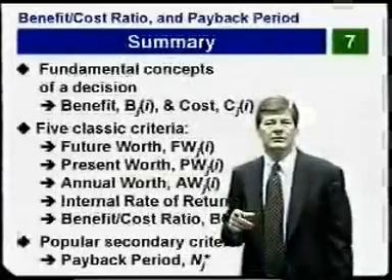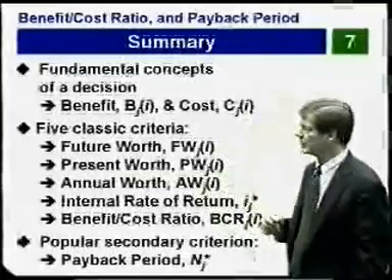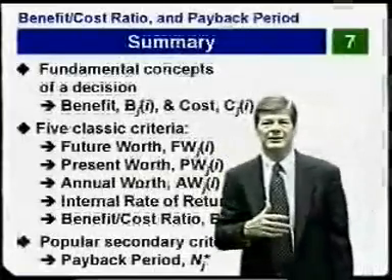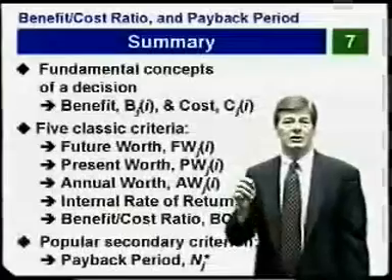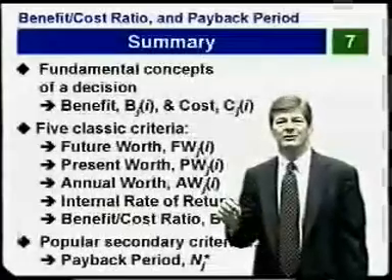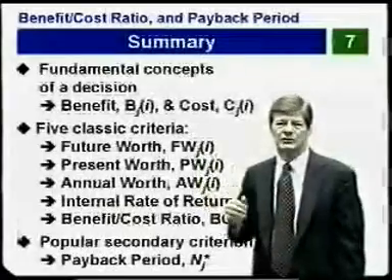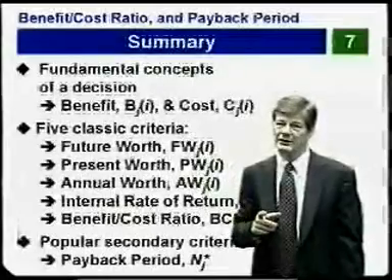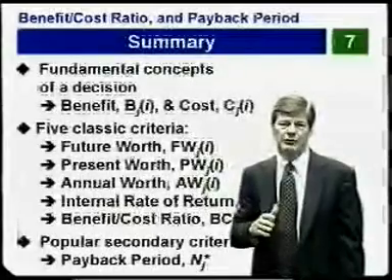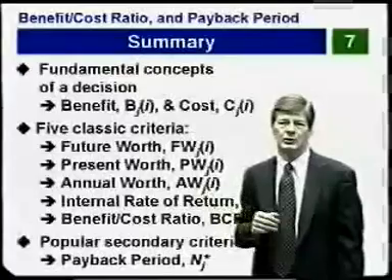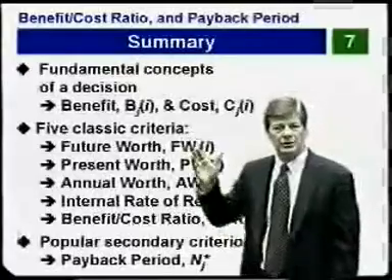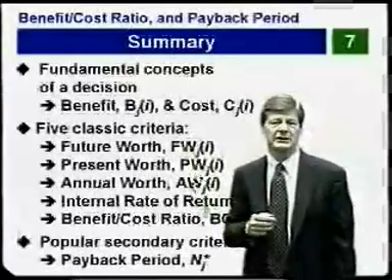We demonstrated that for these particular criteria, each of them had an equivalent decision rule, meaning choosing the bigger number when faced with a series of alternatives and provided you had no capital rationing would lead you to a correct choice because they are additive.